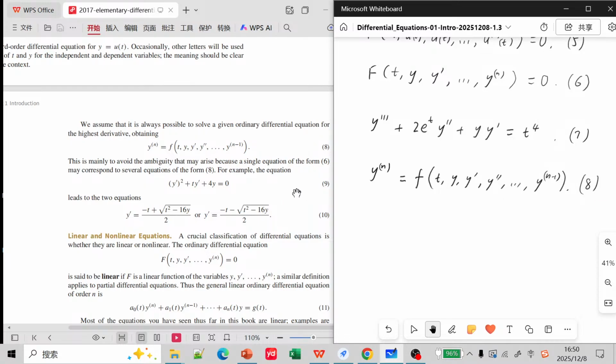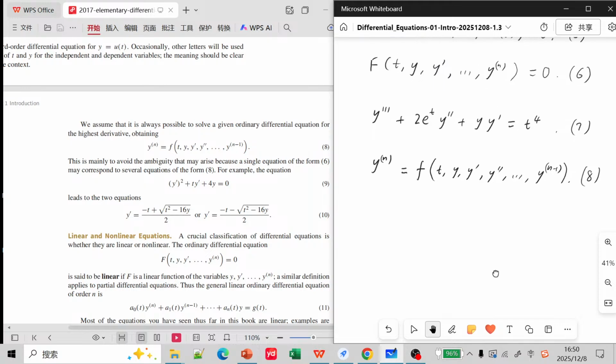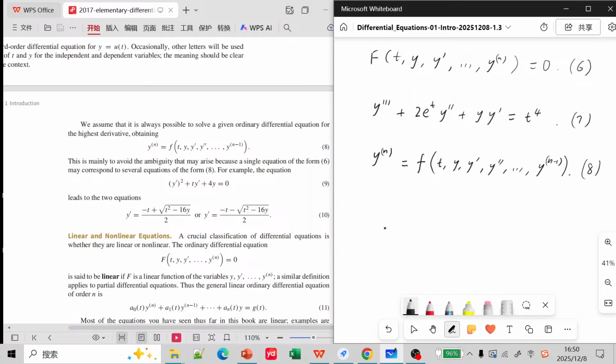For example, the equation (y')² + ty' + 4y = 0.